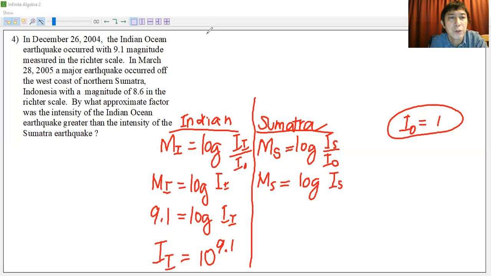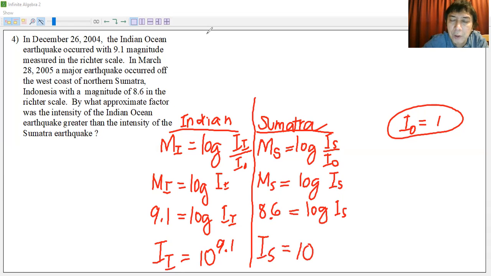And we shall now use our magnitude for the Sumatra earthquake, which is 8.6. And 8.6 is equal to log IS. And by using the exponential form, IS is found to be 10 raised to 8.6.